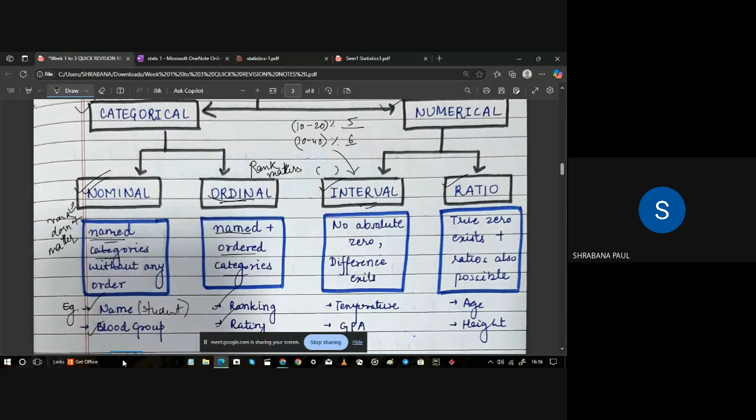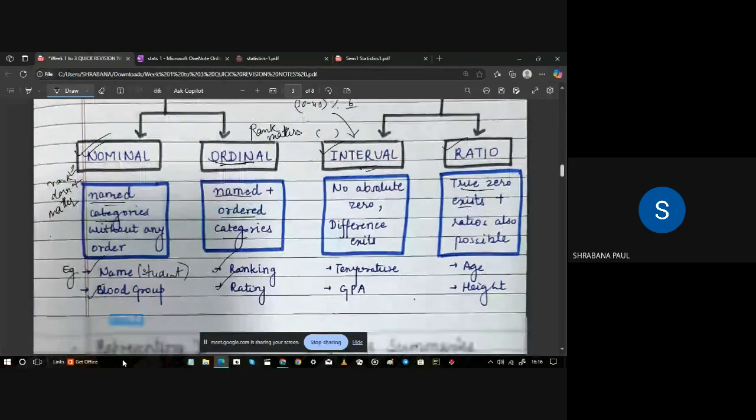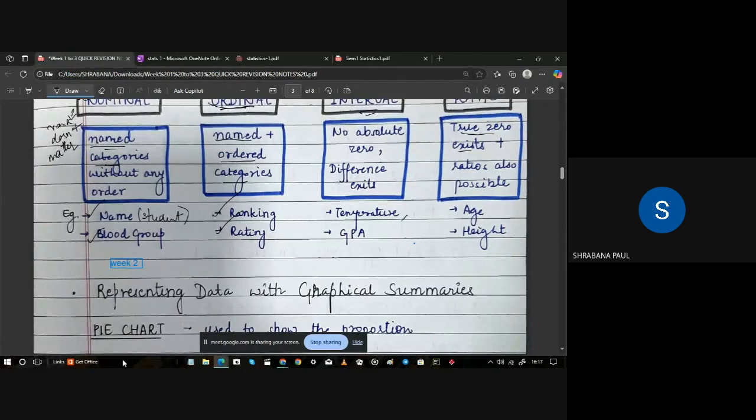Whereas in ratio, a true zero exists. What do you mean by true zero exists? You may ask me a doubt here, but in quiz 1 you will get questions like this: when a graph is given but the origin, instead of zero, they have said year 1991. So the origin starting from 1991 is completely wrong, right?